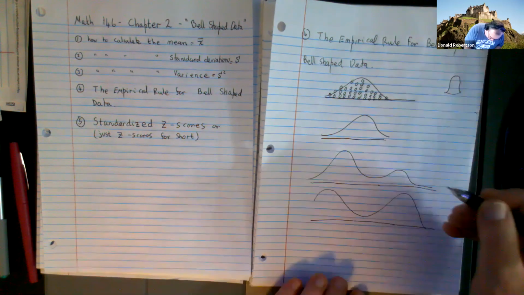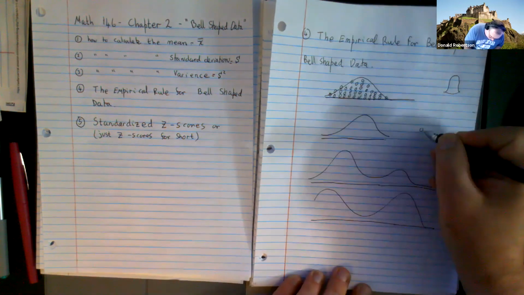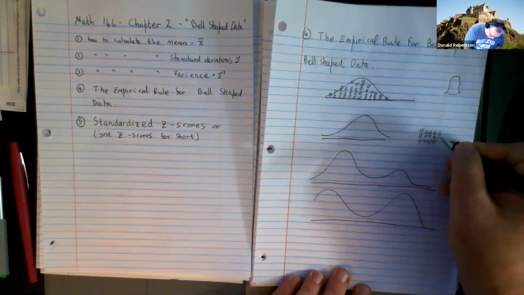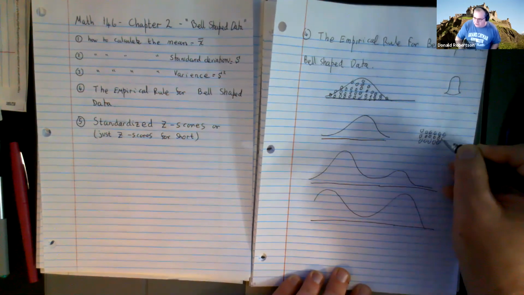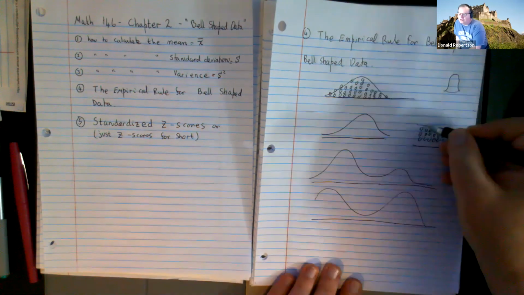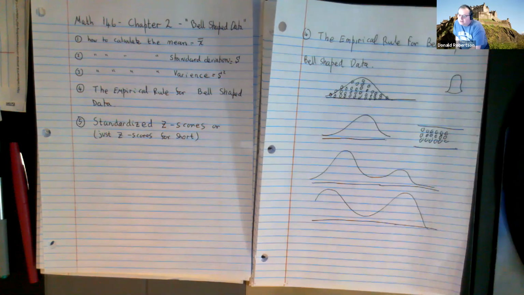Suppose the data was such that there was the same number of 4s, 5s, 6s, and 7s, right? So basically the data is a horizontal line. That doesn't count as bell-shaped either. So is it easy just to think of bell-shaped as a single hill? Right, that's it.